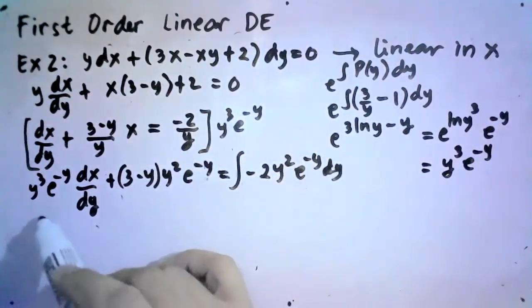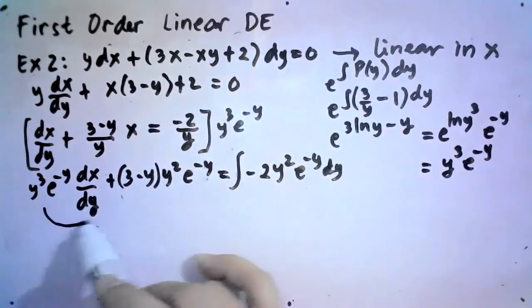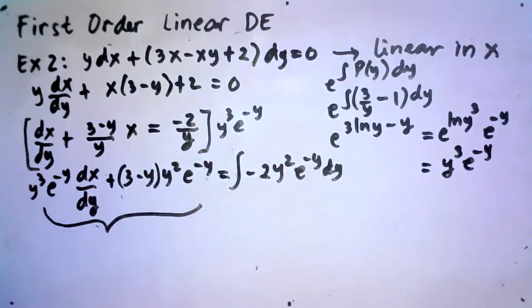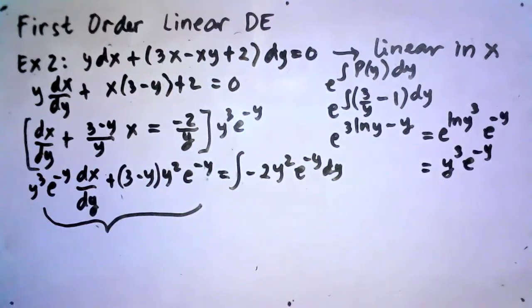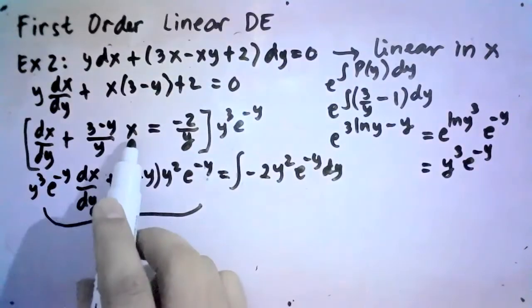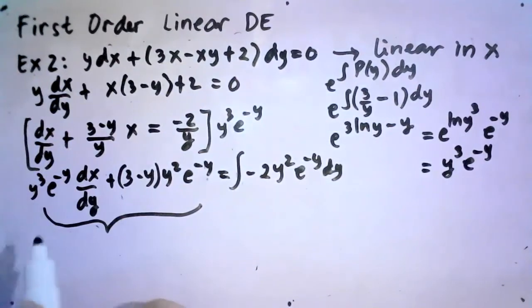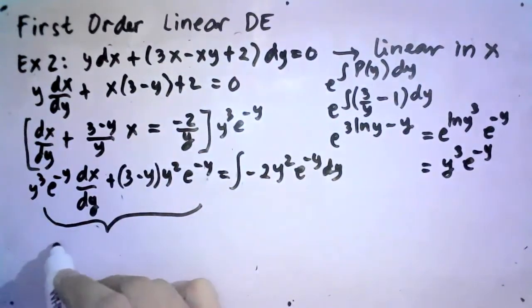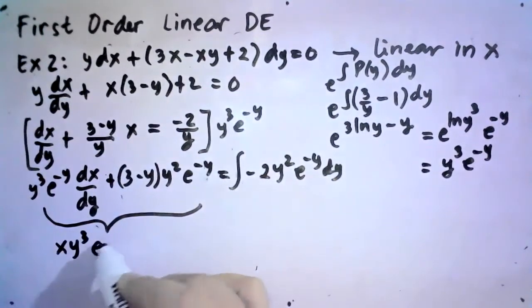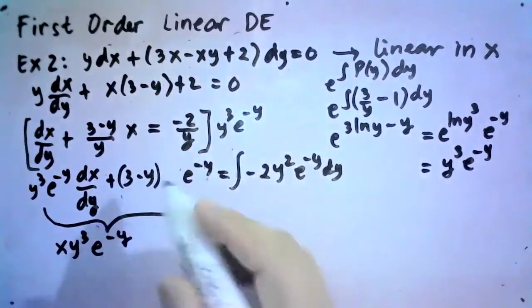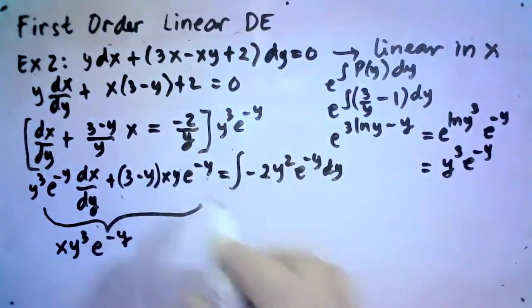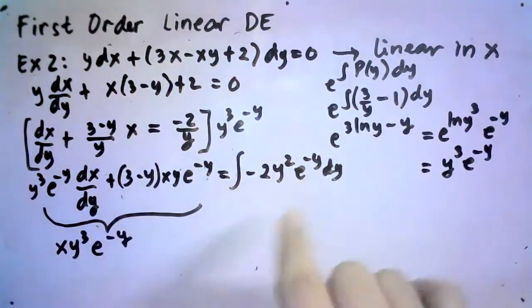The result here, of course, is x y cubed. So this is our x, and then we will just multiply this one, x y cubed e raised to negative y, with y squared. This is now the result.